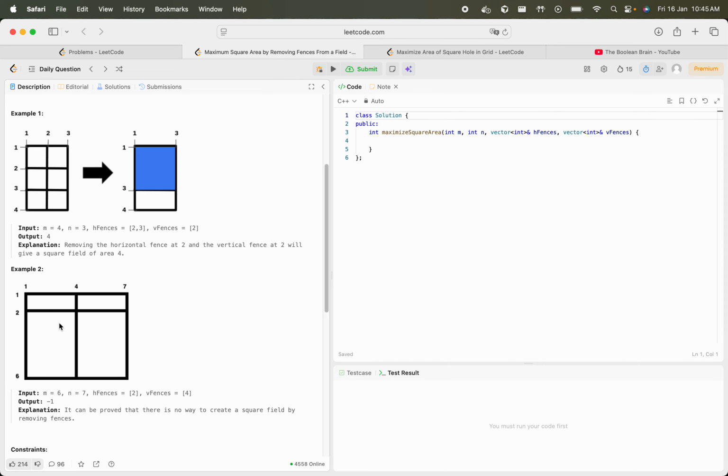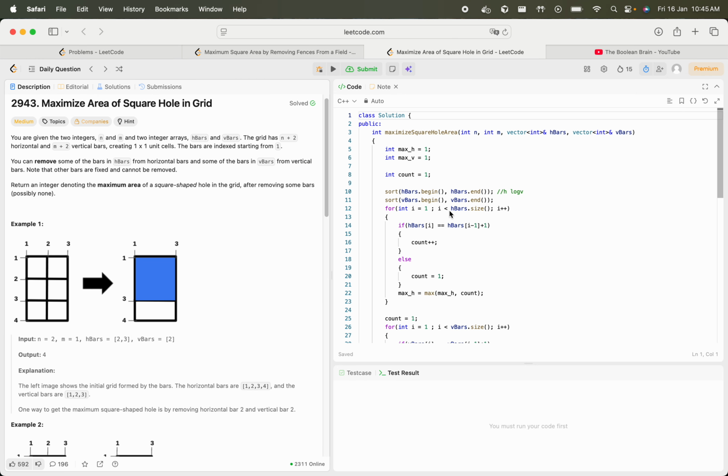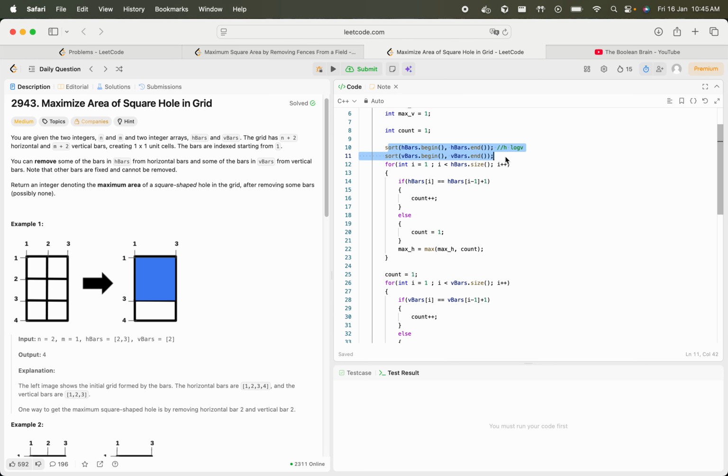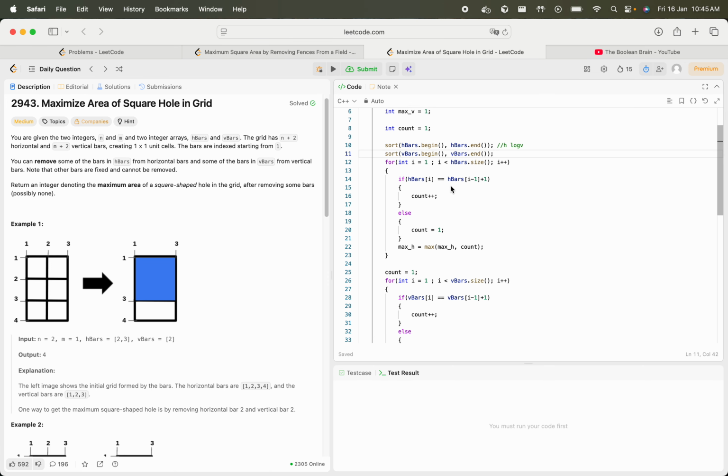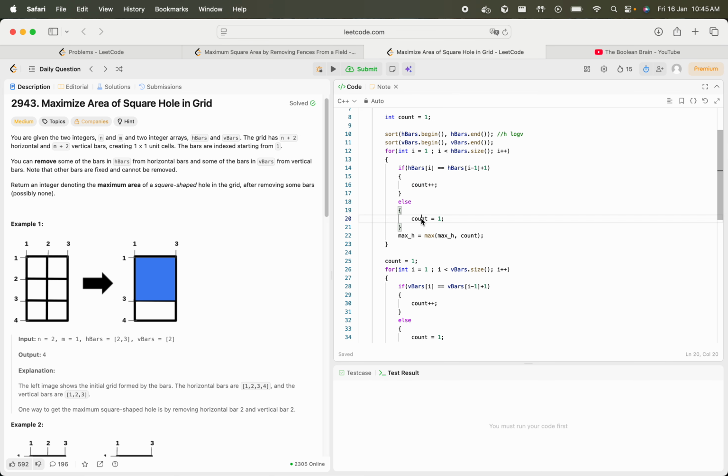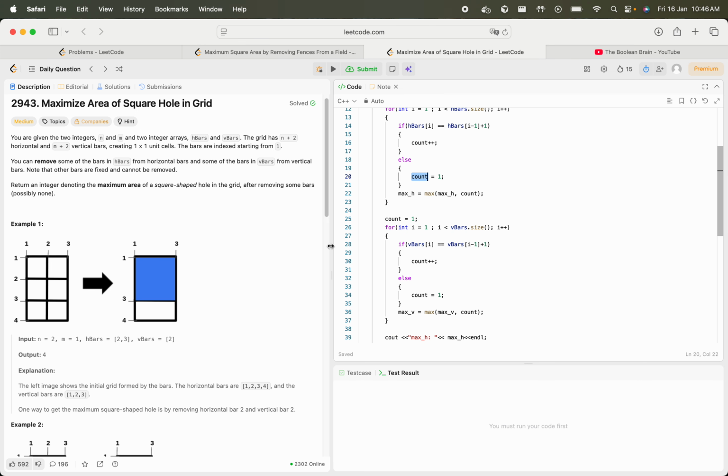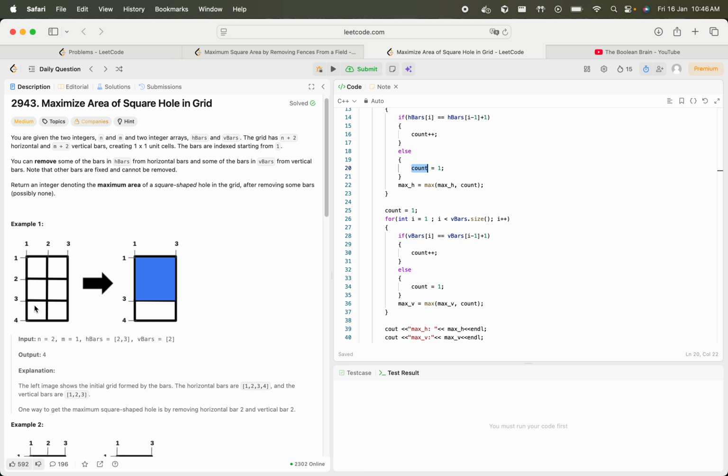So yesterday's logic of finding the square is not going to work here, because yesterday we simply went ahead with the greedy approach. We initially sorted all the H bars and V bars, and tried to find the maximum count of continuous elements in it, because each cell was of size 1.